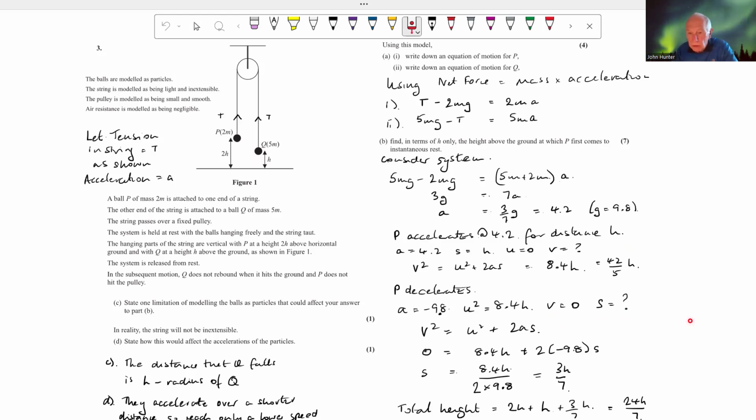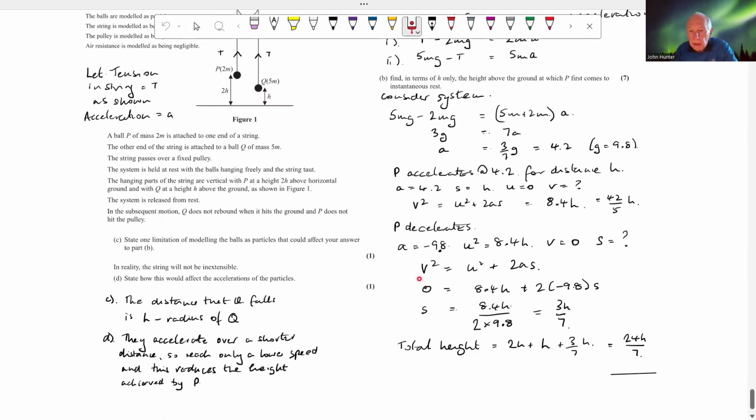Okay, let me just scroll down a little bit. So again, we're using this kinematics SUVAT equation. And when we plug those values into there, you can see that we've got an equation in s, and in h as well, but we're asked to find the solution in terms of h. So that's going to give us s equals this lot, which in turn is 3h by 7.